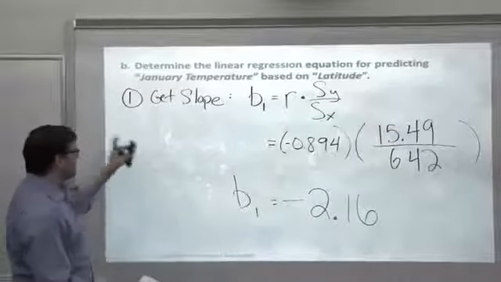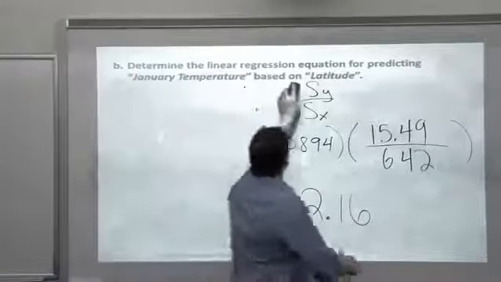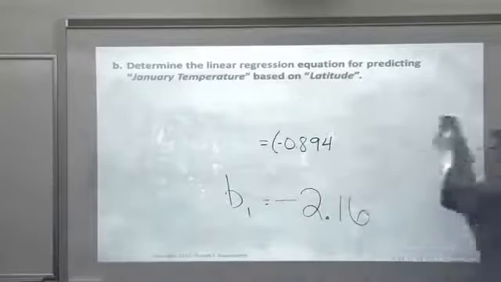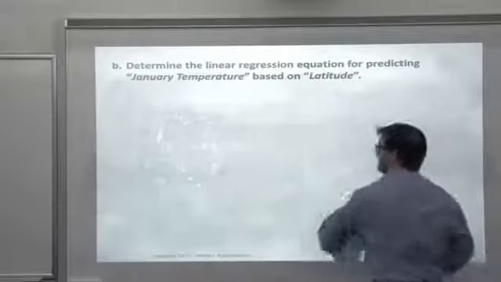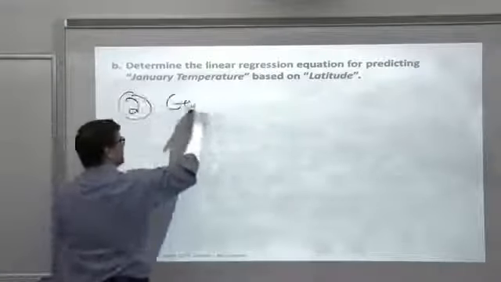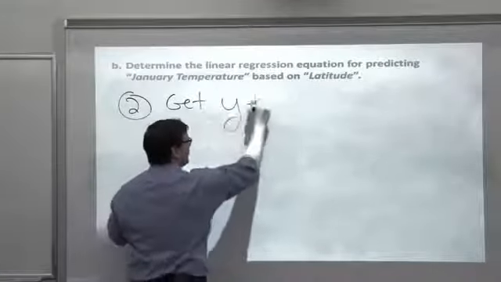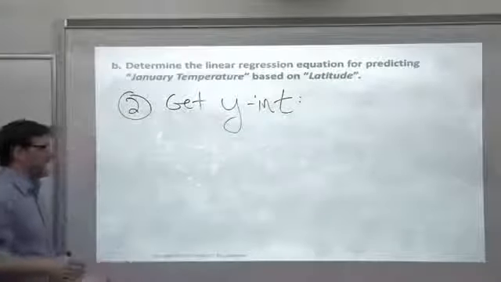Okay. Part 2, get the y-intercept. If you don't write as fast as I do, you've always got rewind on YouTube. But here it comes. Part 2, get the y-intercept. We've got the formula.